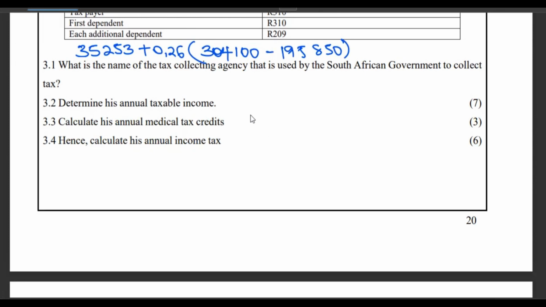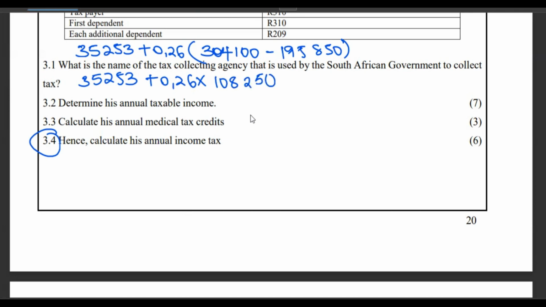We are answering question number 3.4. Then we shall come down and say 35,253 plus 0.26 times the number you get inside the bracket, 108,250.